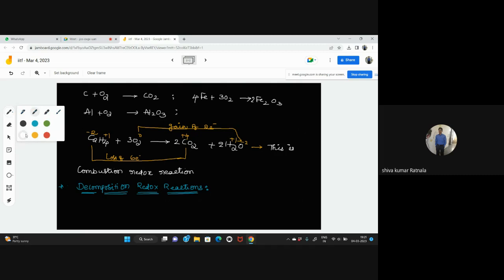What is a decomposition redox reaction? Decomposition means one compound is decomposing into two or three, and if it is a redox reaction, then we can say it is a decomposition redox reaction. That means one compound will split into two compounds.